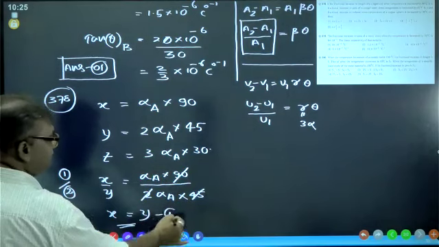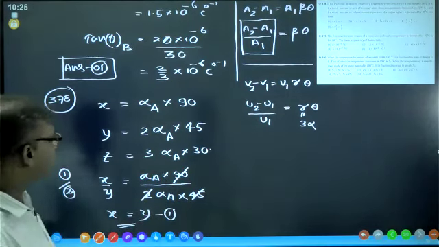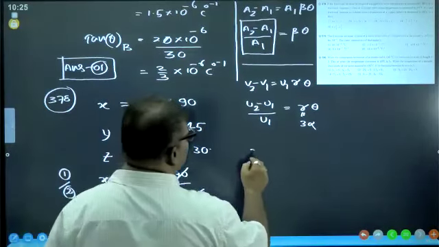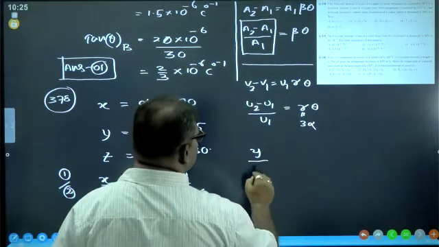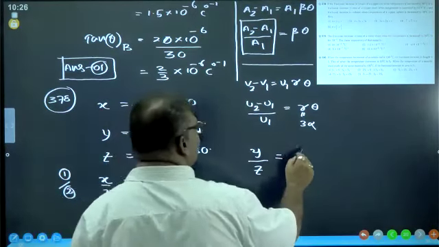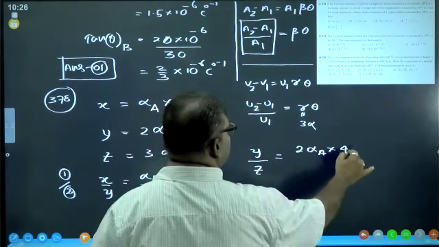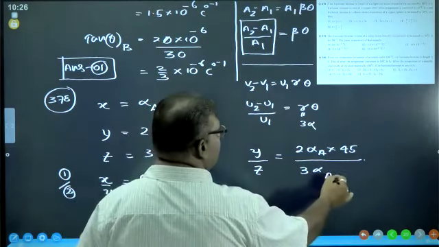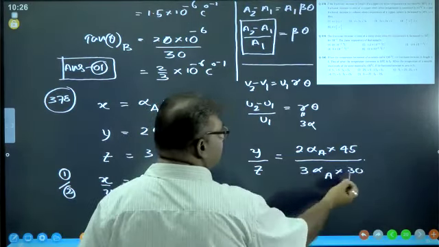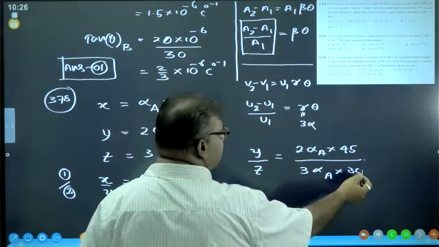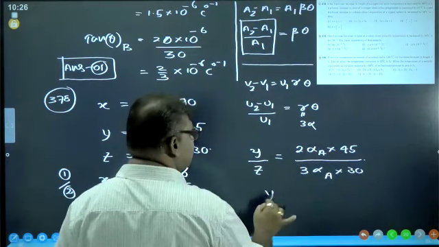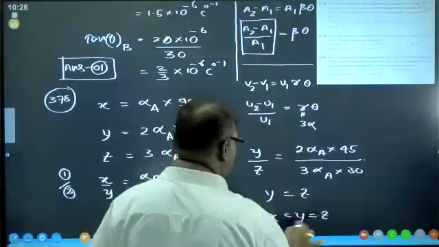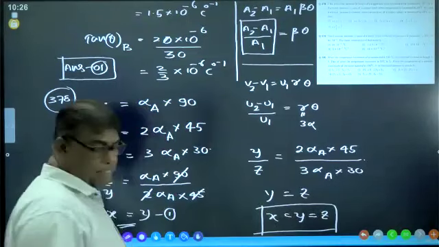This is the first identification. Second identification: X and Y are equal, then we consider these two. Y divided by Z is 2 alpha A into 45 over 3 alpha A into 30. 3 times 30 is 90. 90 and 90 cancel, again this side cancels. So Y equals Z. So you can say X equals Y equals Z. This could be the correct answer.